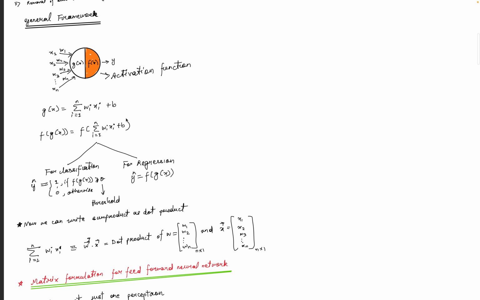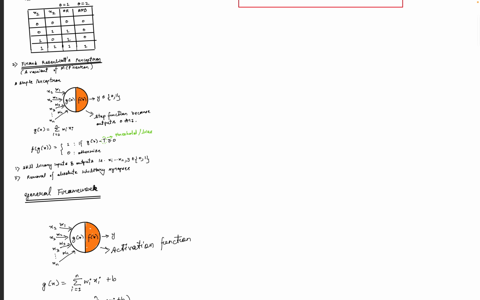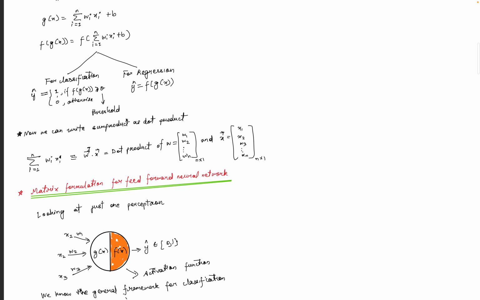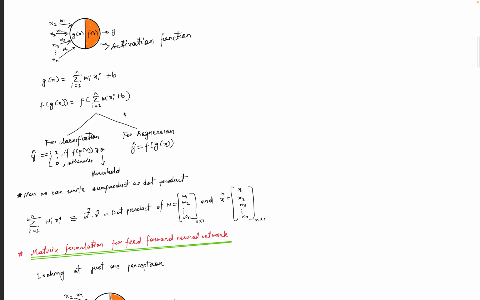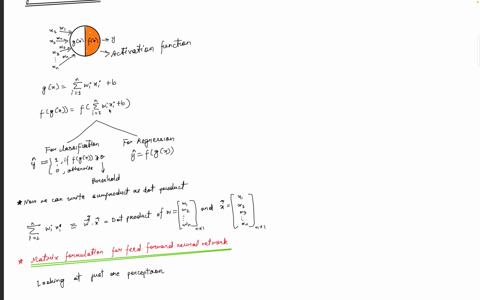Now as we know, we will construct the neural networks in matrix formulation. So let's see how to start with the easiest step. In the process of a neural network, we are multiplying inputs with the weights and adding them up, and then adding the bias term.